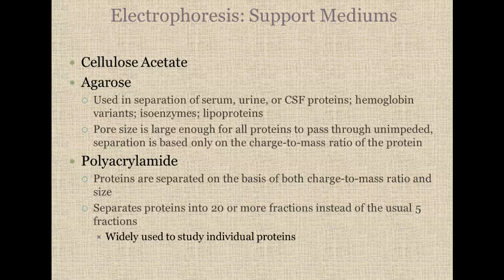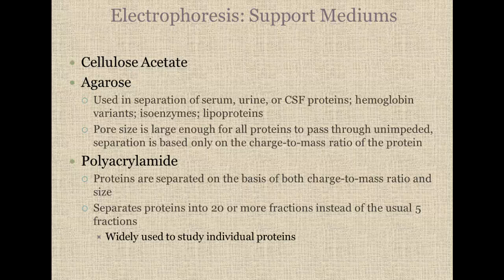Here are some of those support mediums, like I talked about, the Jell-O jiggler type of consistency. This is what gives it that consistency. Either cellulose acetate, or more commonly used, agarose, which is what we'll use in our laboratory. It's used in the separation of serum, urine, spinal fluid proteins, hemoglobin variants, isoenzymes, lipoproteins.